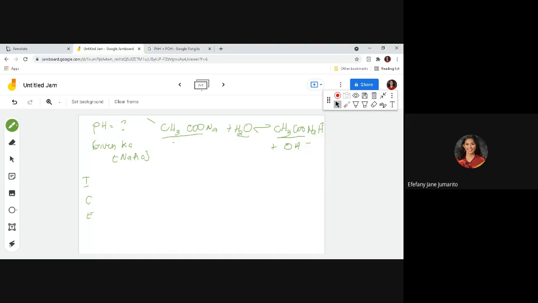Sodium acetate is 0.25 molar initially. At equilibrium, it is 0.25 minus x.